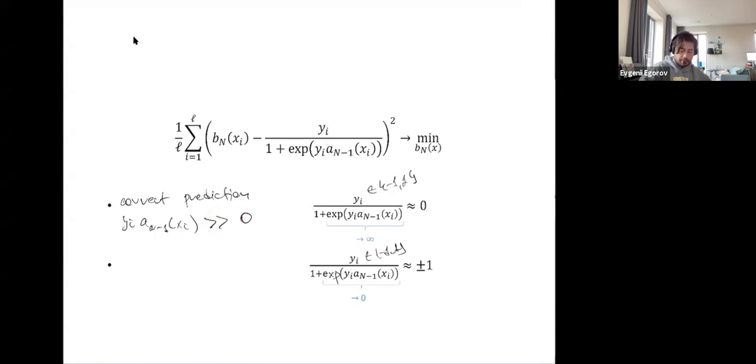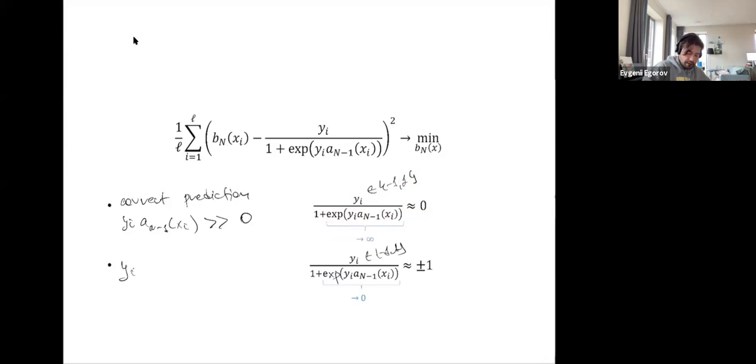At least it will be positive. So then we take the exponent of some positive number and divide. Then it will be something around 0, because we take some finite number like -1 or 1 and divide it by the exponential of a positive number. So this is large, this is small, and we get something around 0.